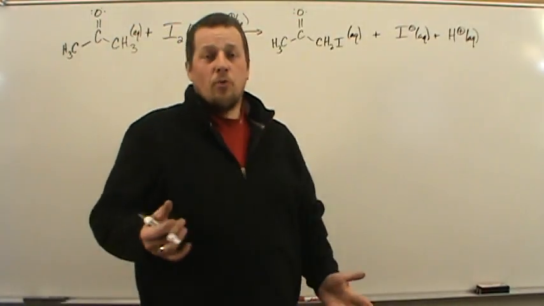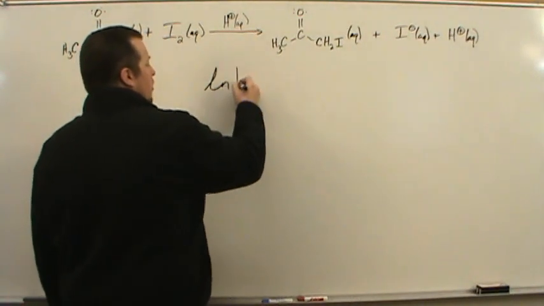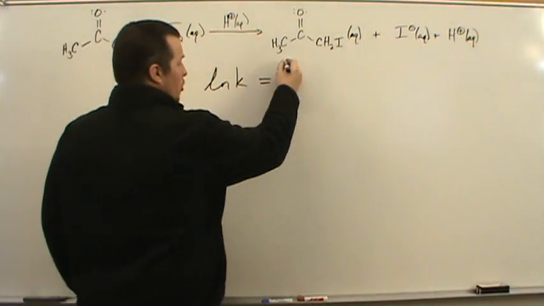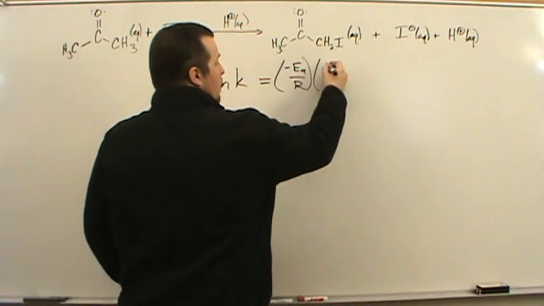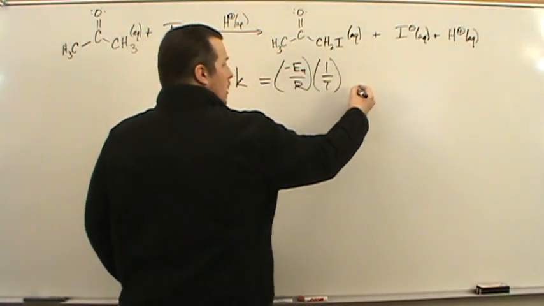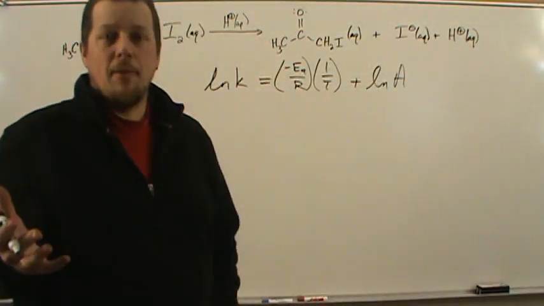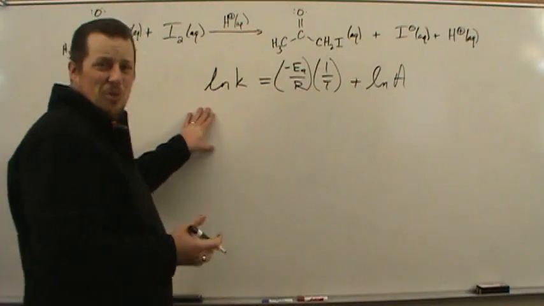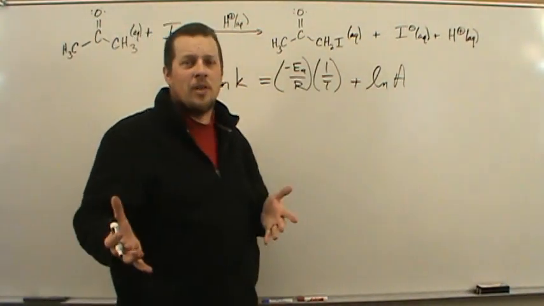What about the linear form of the Arrhenius equation? Linear form is natural log of K is equal to negative EA over R times 1 over T plus natural log of frequency factor, A. How do we use this? Now, this is where people often run into trouble.